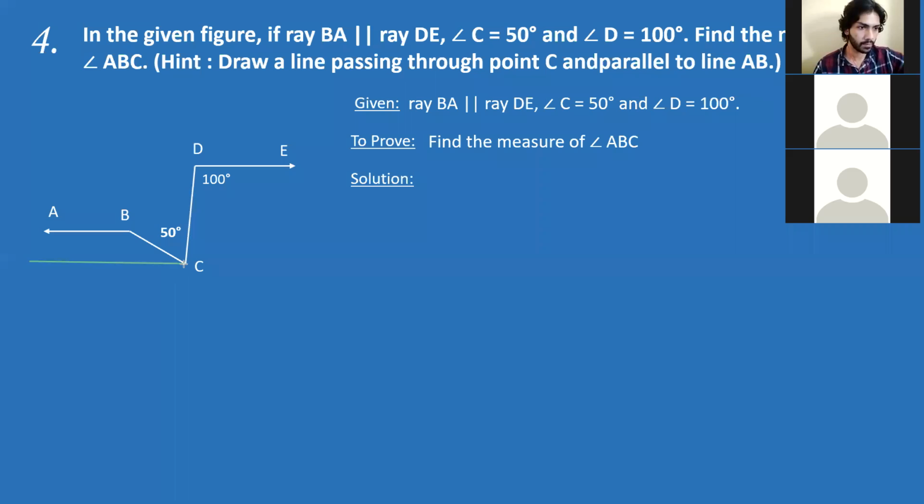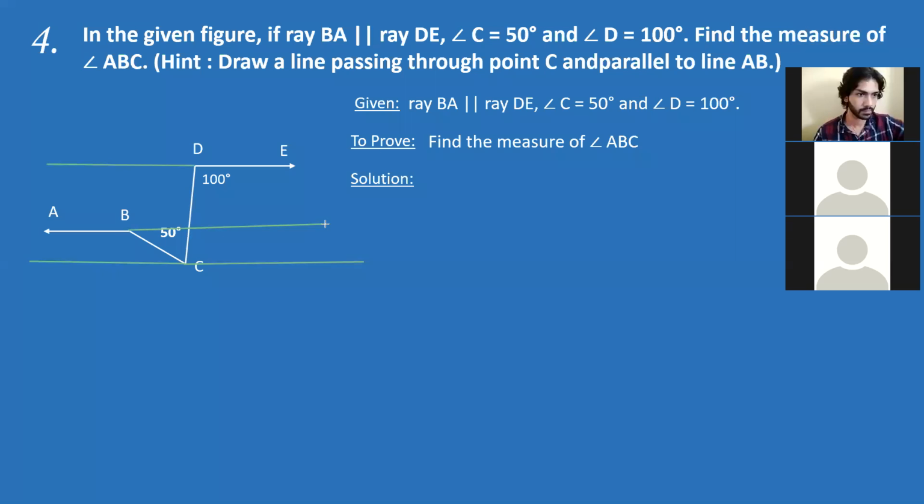So let's say we have one ray like this. Then we have one ray like this. And we have one, you did something like this. Yes. Prathamesh, you are also raising your hand. So after Shubham tells, then we will go on.